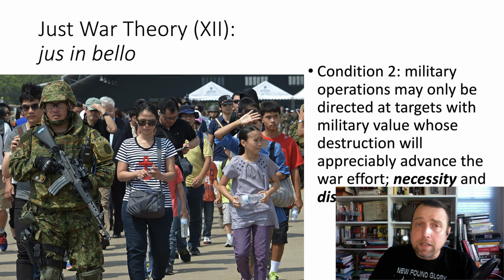Moreover, even destroying enemies' war material and soldiers, killing soldiers, can be unjust if the violence does not serve to directly advance the war efforts and set the stage for a just peace. Just to say, the violence of war can't be anarchistic, right? It needs to be focused and subordinated to the goal.